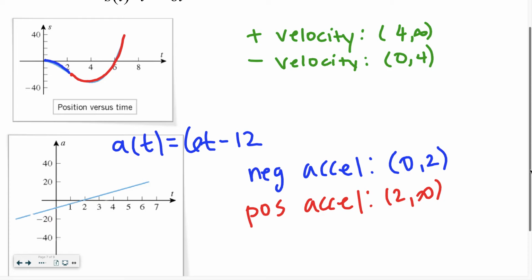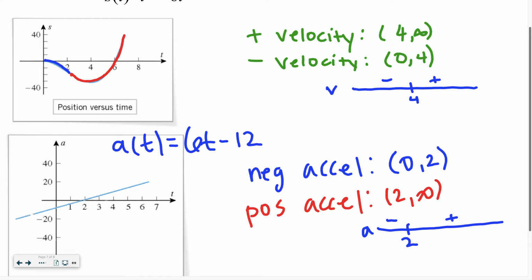So do you agree that from 0 to 2 both our velocity and acceleration are negative? Okay. And if you want to draw a number line to help you see that. We have negative and then positive acceleration. Okay, so we would say that we are speeding up from 0 to 2 because both acceleration and velocity are negative.